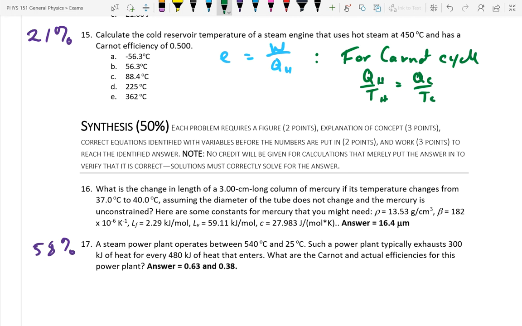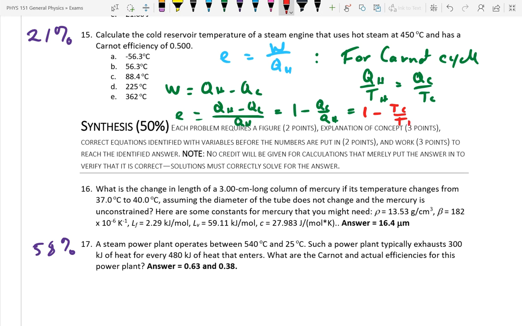Now I can take my fundamental relationship for any cycle that work is equal to QH minus QC and say the efficiency is equal to QH minus QC over QH, is equal to 1 minus QC over QH, is equal to, using this relationship, 1 minus temperature cold over temperature hot.